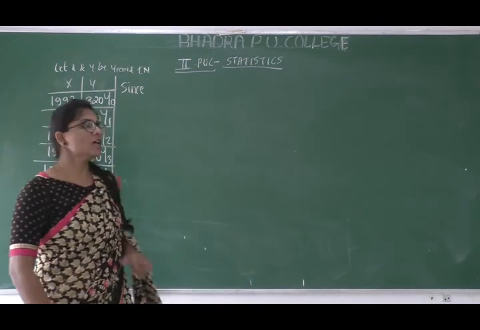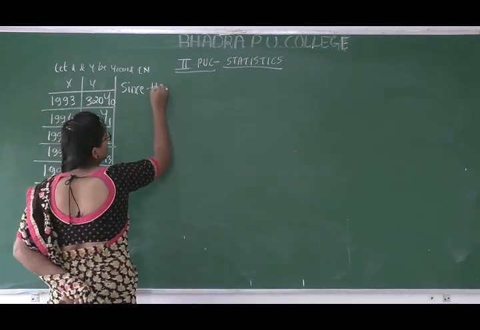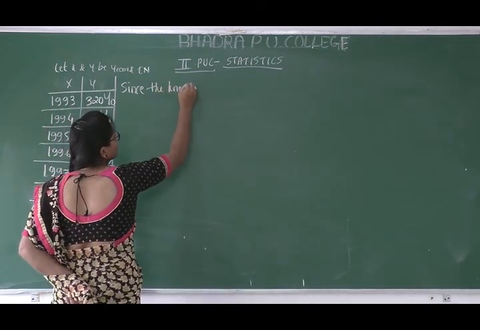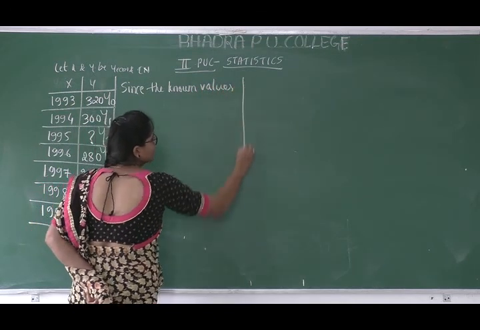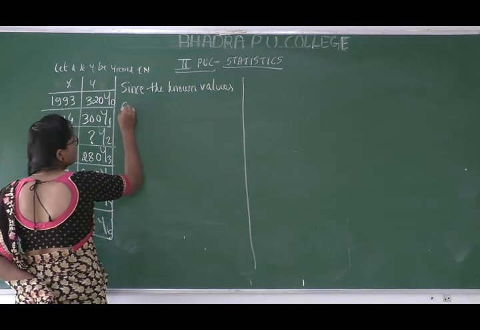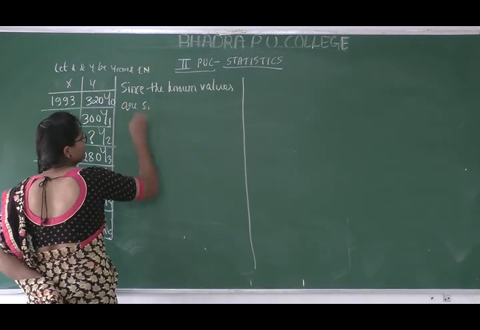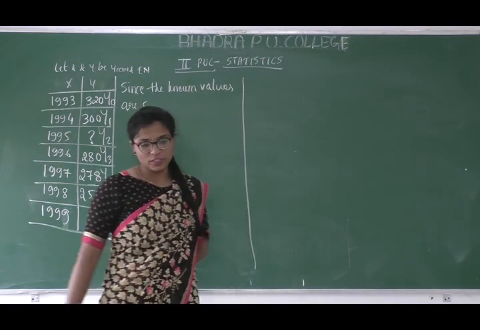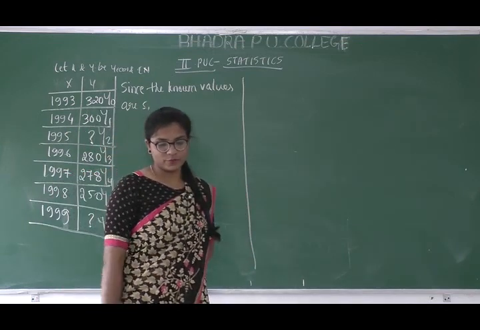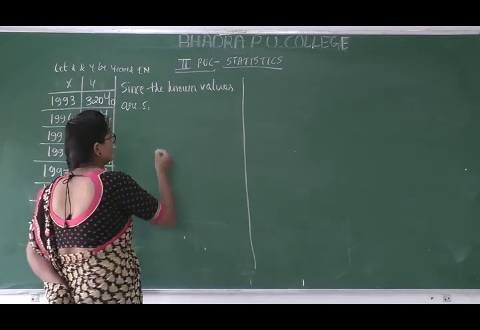Since the known values are 5, the fifth leading difference will be 0.